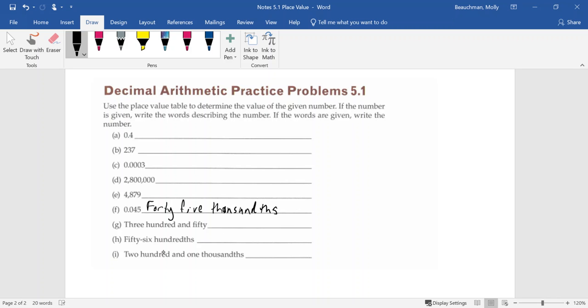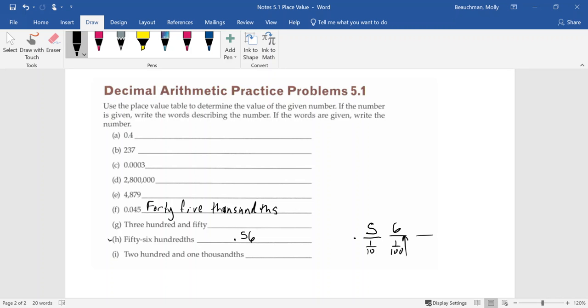Then if you're given words and you want to convert back into a number, let's take a look at H, 56 hundredths. If we think about our decimal point, we have tenths, hundredths. So 56 hundredths has to end in the hundredths place. That would be 0.56.